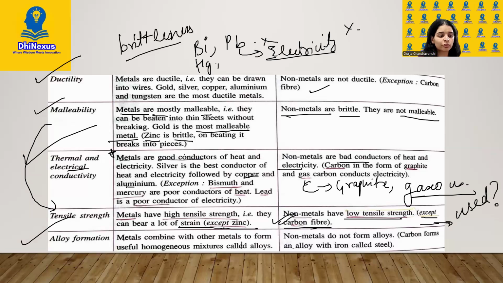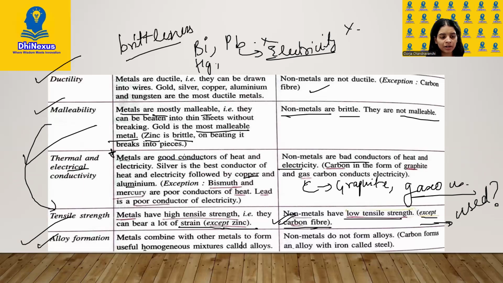Last is alloy formation. Now, what does alloy mean? Alloy means when you're taking one or two metals and combining their properties so that you get another substance. What is the benefit of it? You get two properties of two substances and it becomes useful.